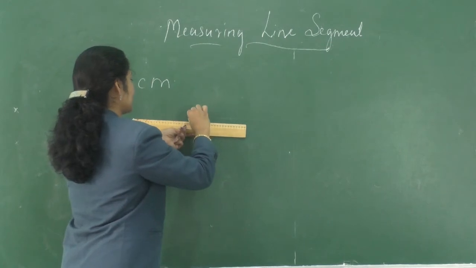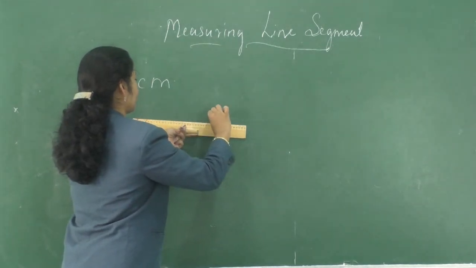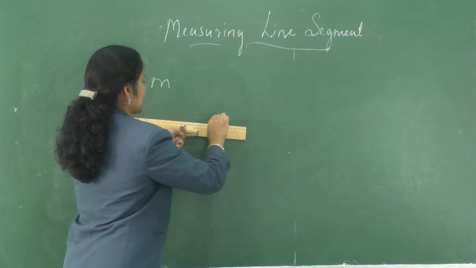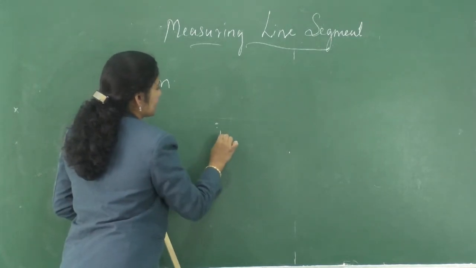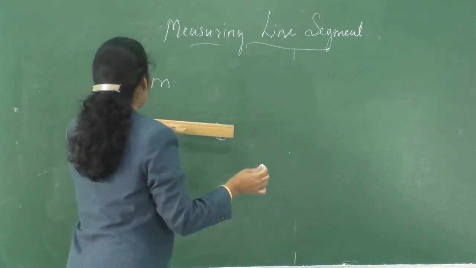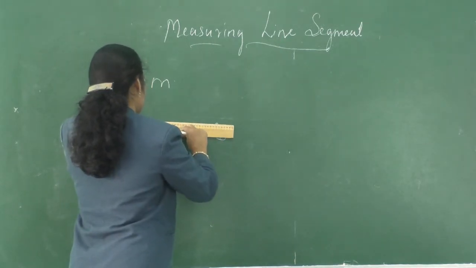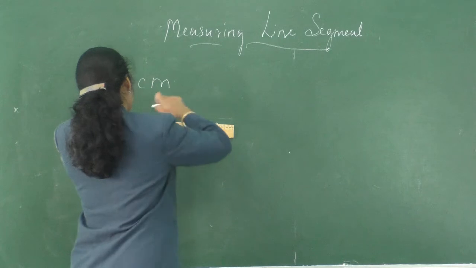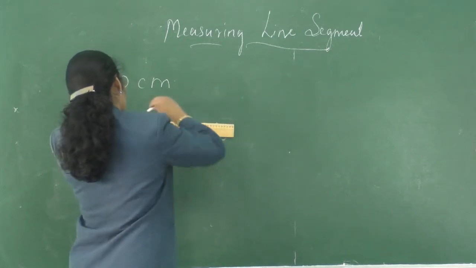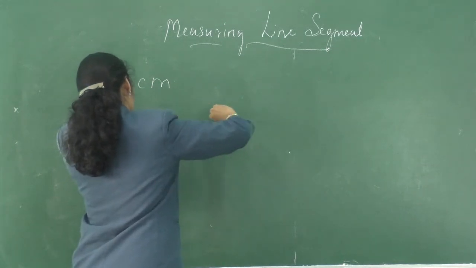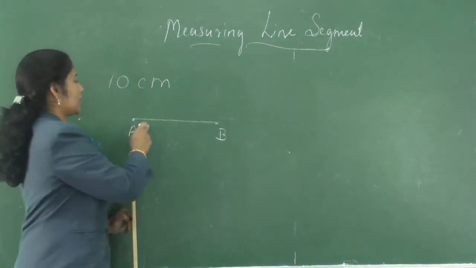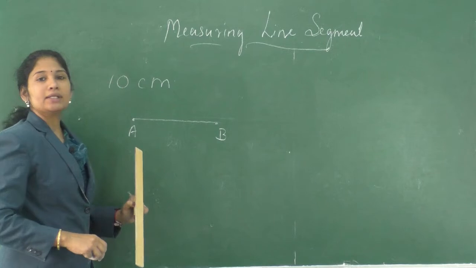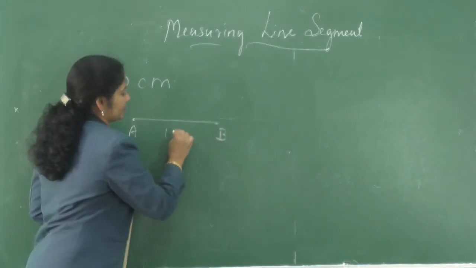Here, 10 centimeters. Yes. Put a dot, then mark it as B. Now draw a straight line and remove the ruler. Now the line segment is 10 centimeters.